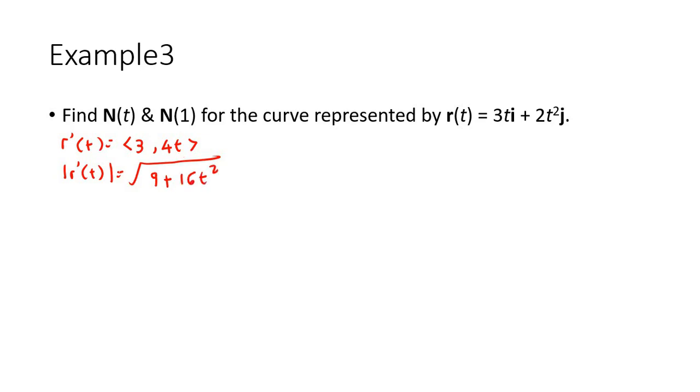So the magnitude of r prime t here is a function of t. Then finding N(t) will be a little bit troublesome, because you have to use the quotient rule in your differentiation.